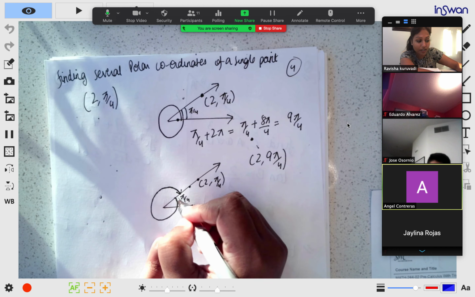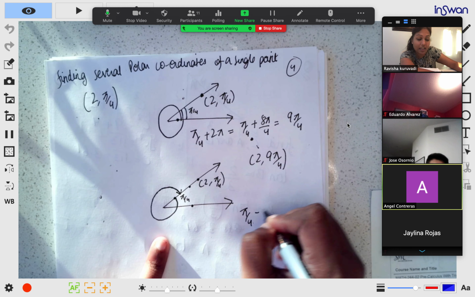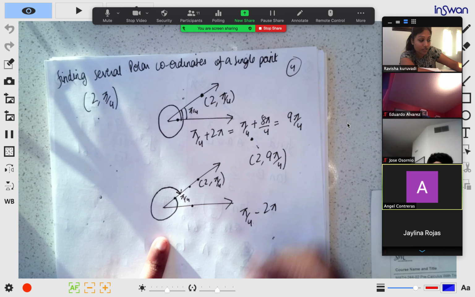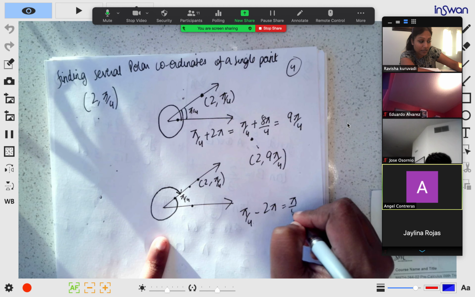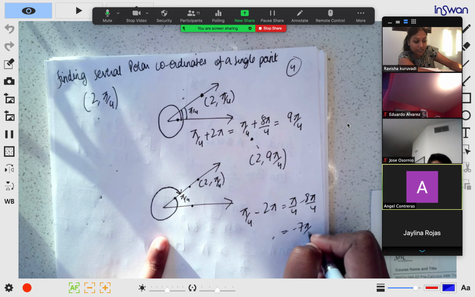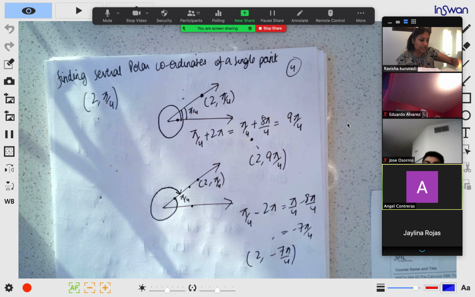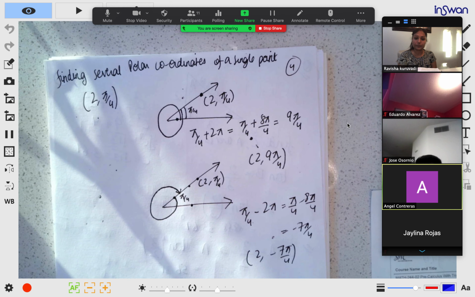So from pi by 4, if I subtract 2 pi, I get the same position again. So it becomes pi by 4 minus 8 pi over 4, which is negative 7 pi over 4. So negative 7 pi over 4 will also give me the same point. So if you add 2k pi or 2 pi or you subtract 2 pi, you're still going to get to the same point.